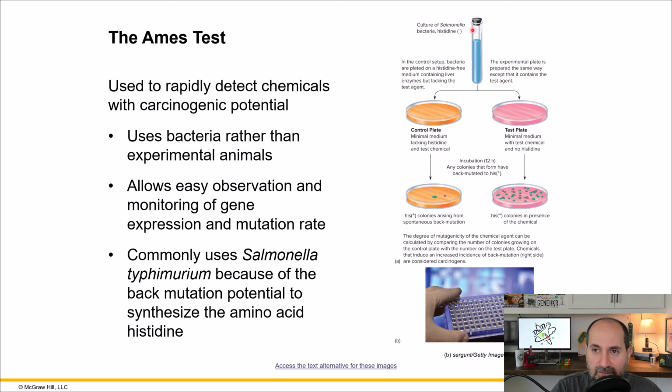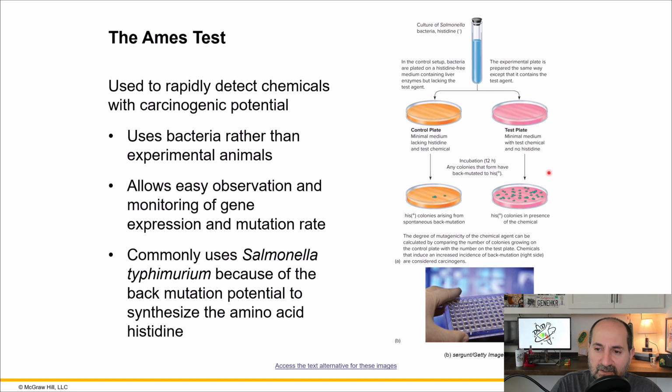Now, if you treat these bacteria with a mutagen, that's going to increase the rate of back mutations, and you're going to have a lot more colonies growing on these plates. The plates on the right have the test chemical, the potential mutagen, and the plates on the left have no potential mutagen.